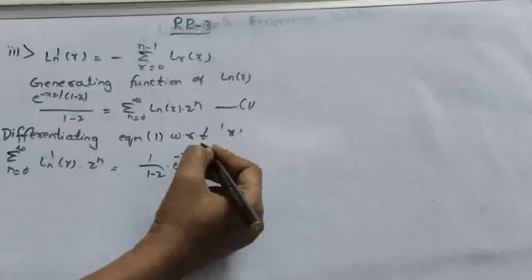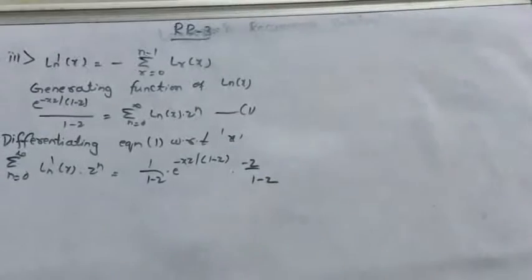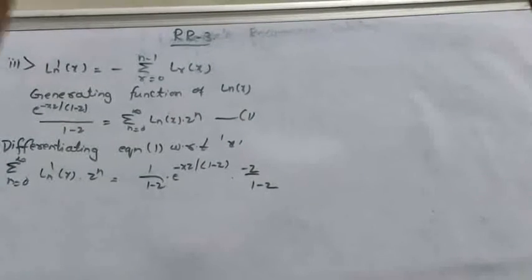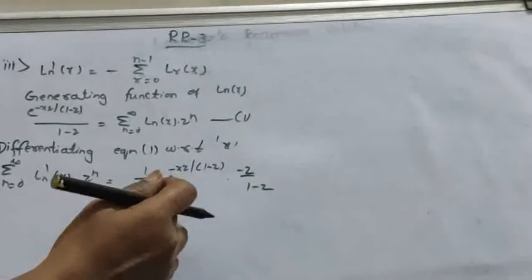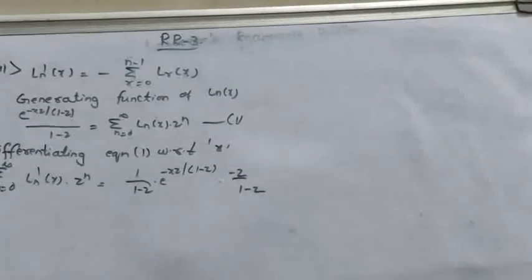Differentiation with respect to x now, so again you will get minus z by 1 minus z. Now send this term to LHS side. So LHS side, what you will get here?